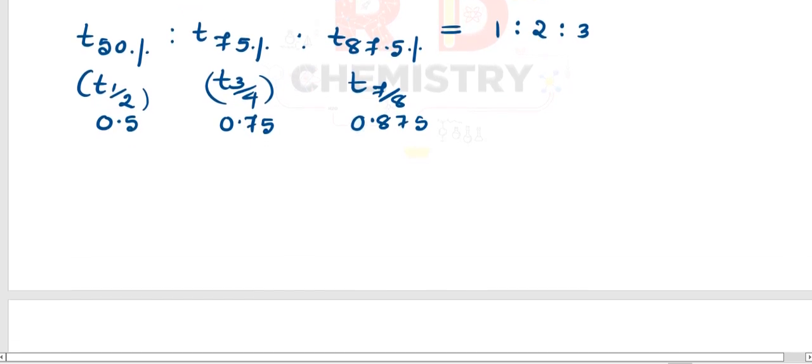So now let's proceed. We have T 50% is to T 99.9% in the ratio 1:10.